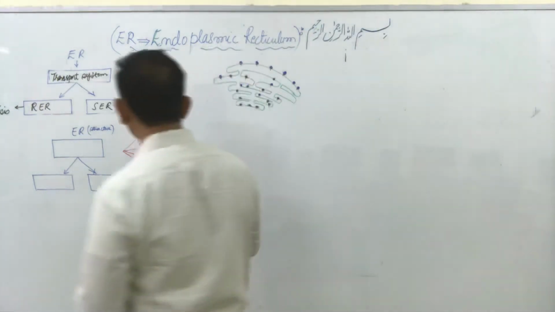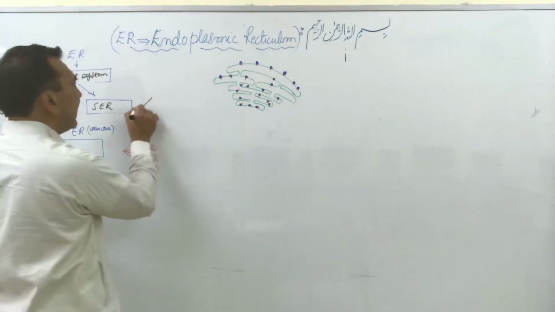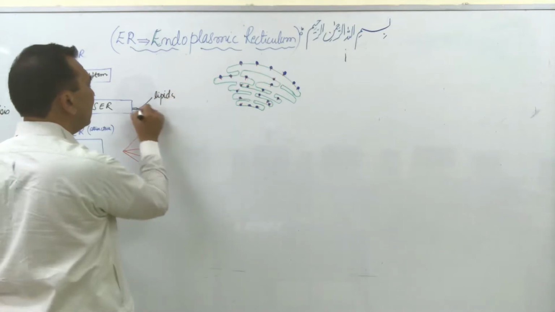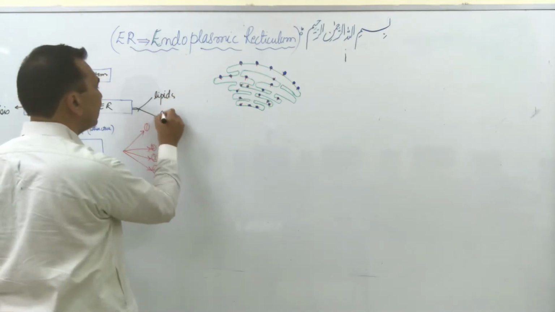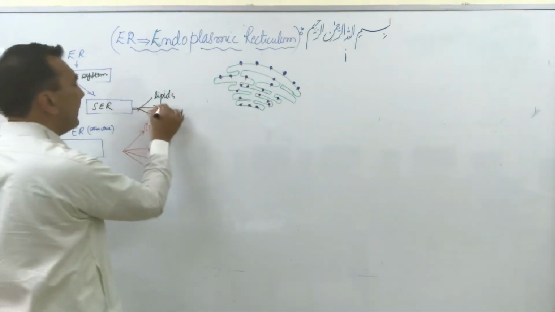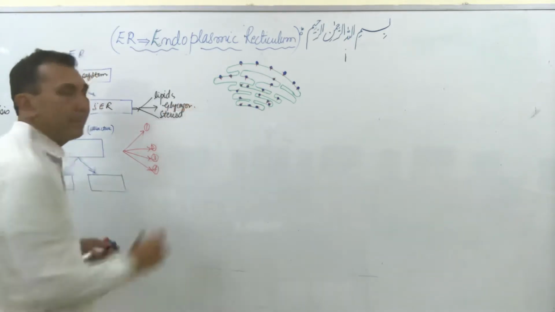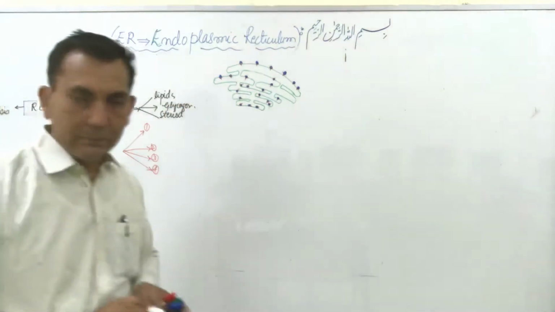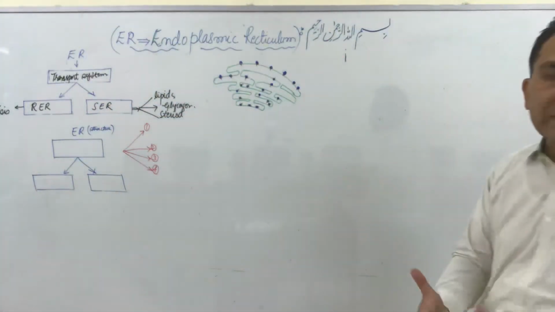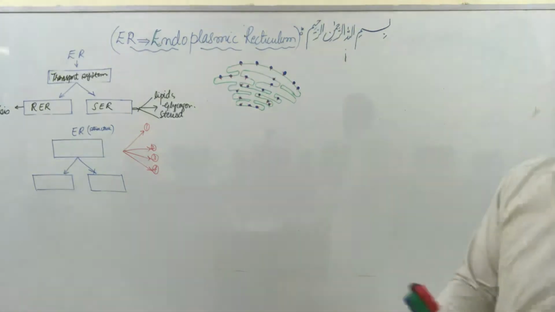The smooth endoplasmic reticulum is responsible for the synthesis of lipids, steroid hormones, and glycogen.